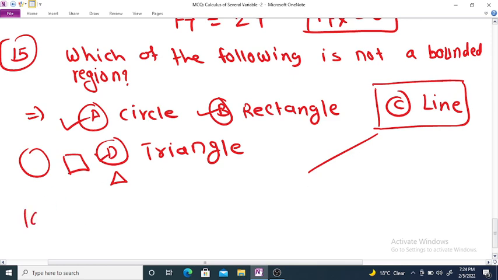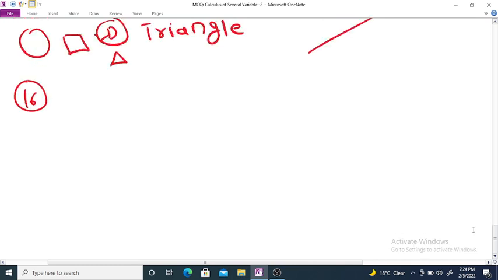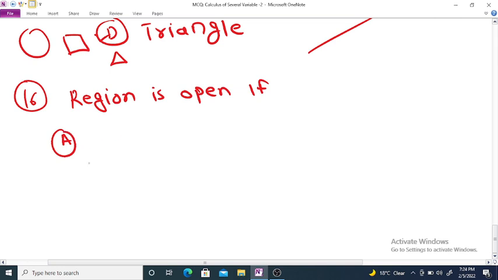Example number 16. A region is open if, option number A, it consists entirely of interior points.